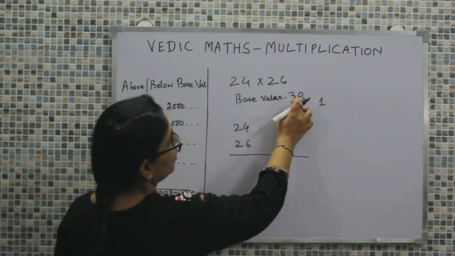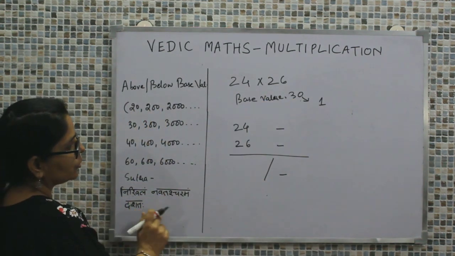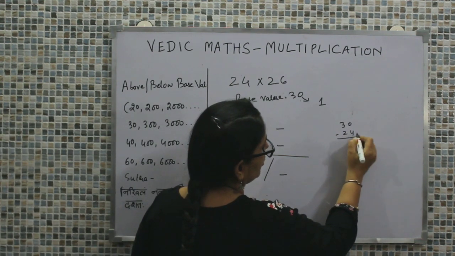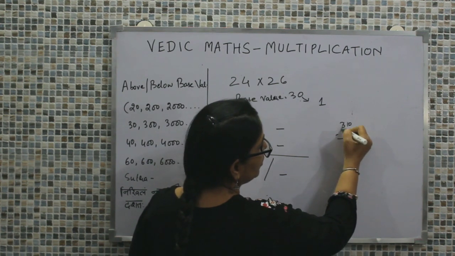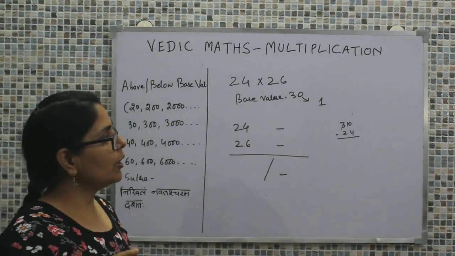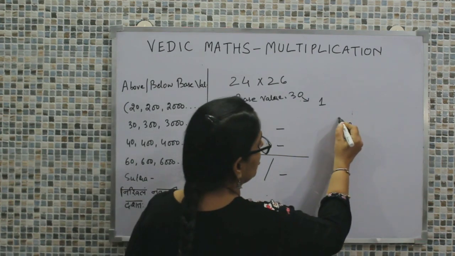Now we compare 30 and 24 using Nikhilam Navatashcaramam Dashatah. 30 minus 24. It says last from 10 and the earlier one from 9. The 9 here won't be used because the figure in the LHS is 3, so it would be reduced by 1 and it will become 2.